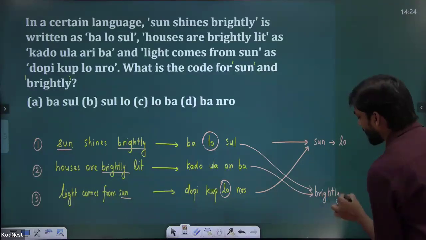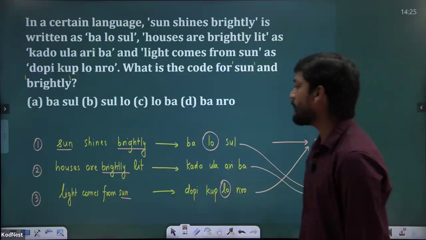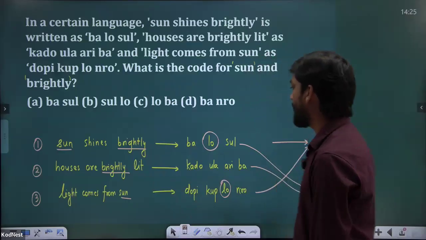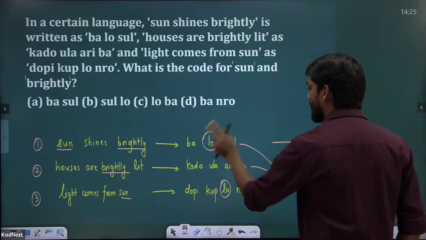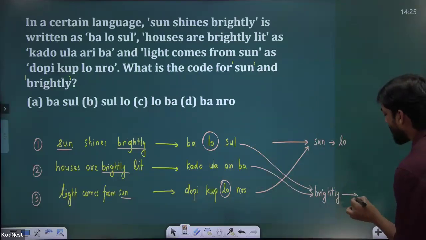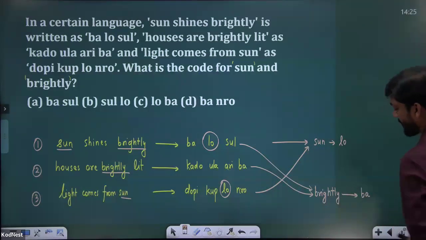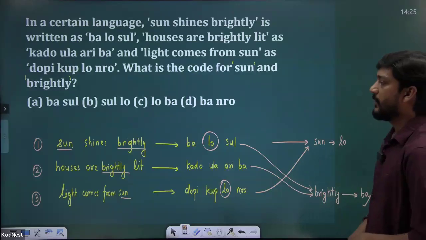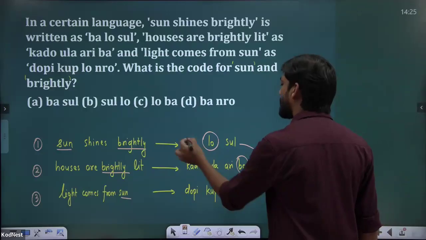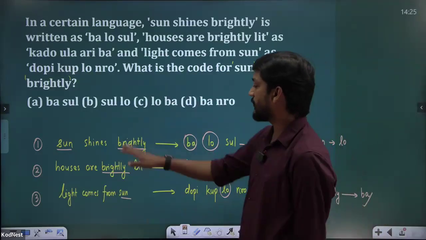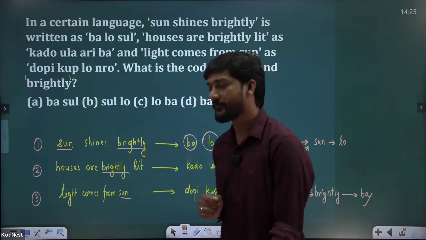Between these two sentences on the right side, we have BA common. So BA should be the translation of brightly. All right, carefully answer: the translation of brightly is BA.